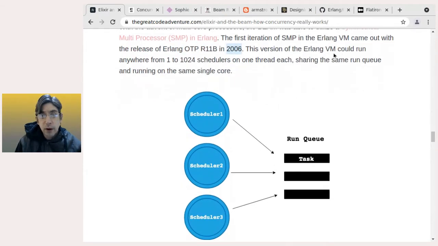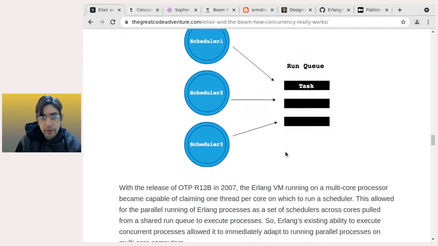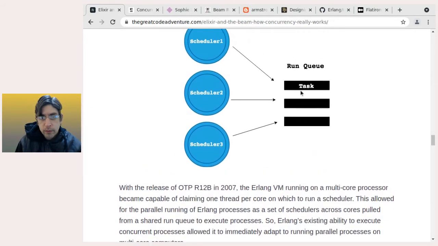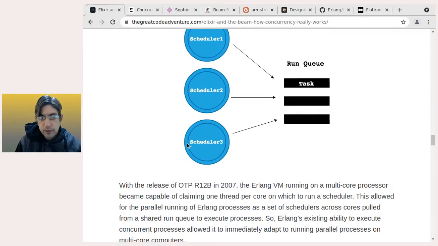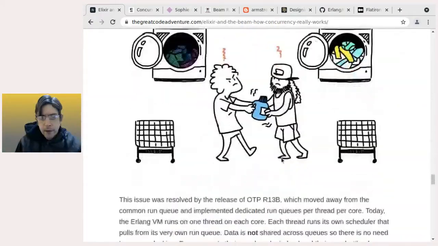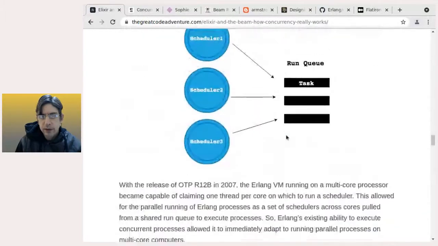This version of the Erlang VM could run anywhere from 1 to 1024 schedulers on one thread each, sharing the same run queue and running on the same single core. Great. And with the release, these tasks can go to different schedulers. I believe it's not here, yes, it's going to be explained later.